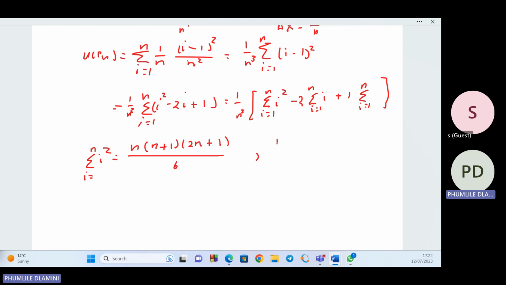And also the sum from i equals 1 to n of i is equal to n times (n plus 1) over 2. And the sum from i equals 1 to n of 1, just like this, is equal to n.